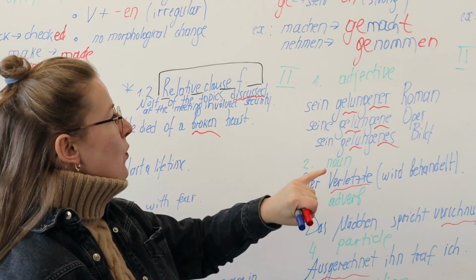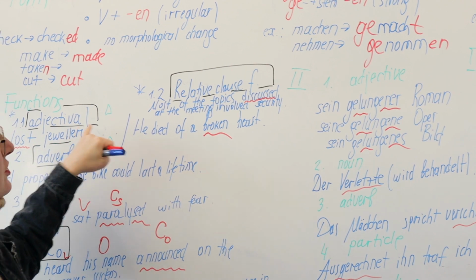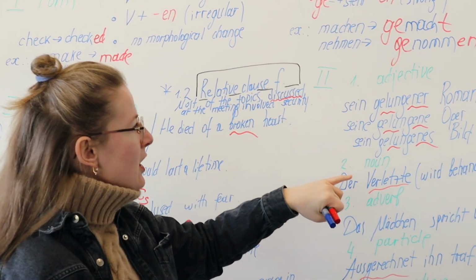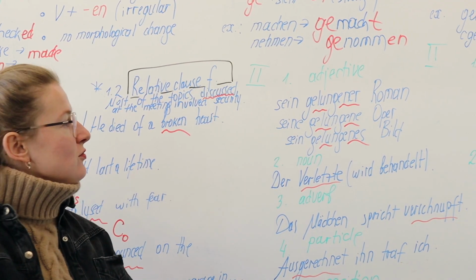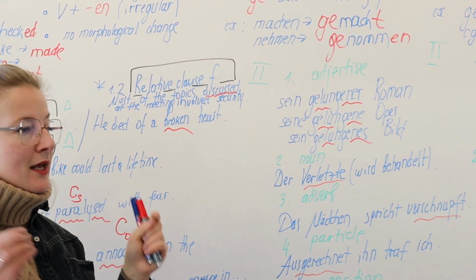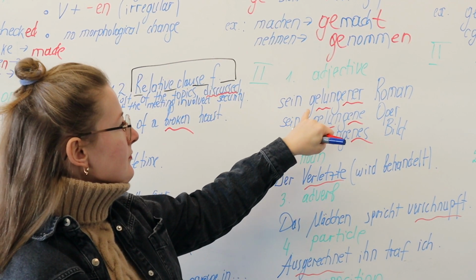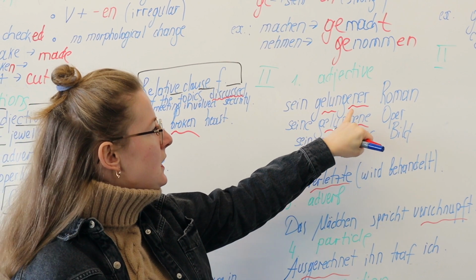Okay? So let's turn to the functions, and the first one is the adjectival function again, and how is it used? As an adjective, obviously. Sein gelungener Roman. Okay, again, the verb is gelingen, gelungen.